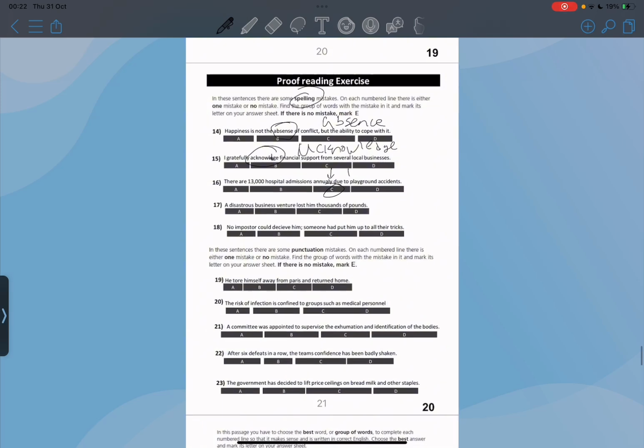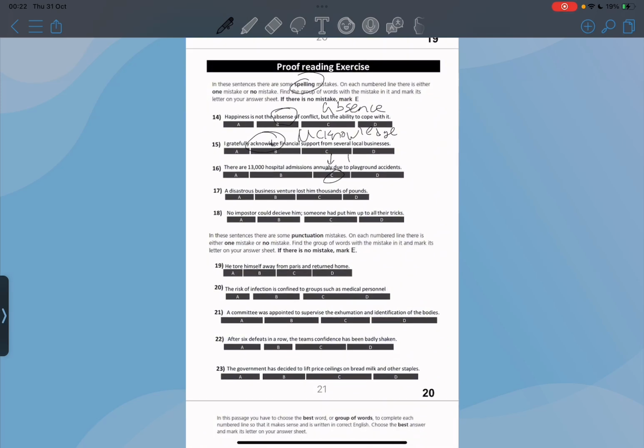Question 17. There is no issues there. Question 18. Deceivers should be EI. So it's I before E except after the C, right?